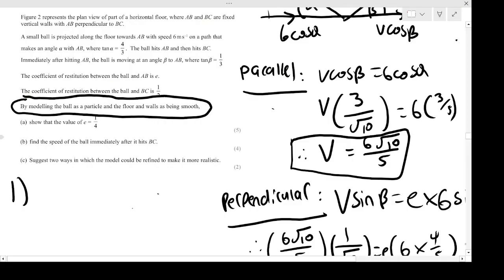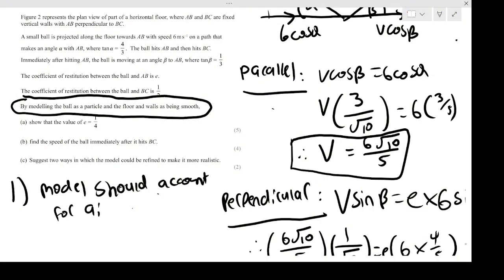But the main assumption, I think, that you want to use is that when things are particles, we ignore air resistance on them. So that's going to be my critique here. To make it more realistic, the model should account for air resistance. That's probably the standard one you can use, due to the ball being a particle.